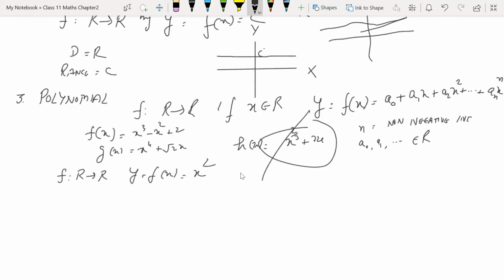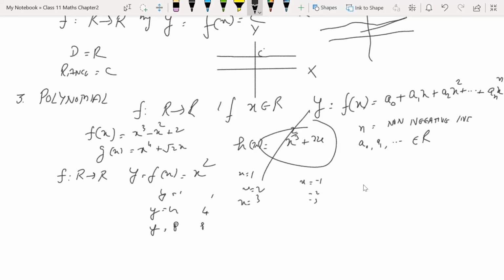It means for x is 1, y is 1; x is 2, y is 4; x is 3, y is 9; x is minus 1, then it would be 1; minus 2, then it would be 4; minus 3, then it would be 9.